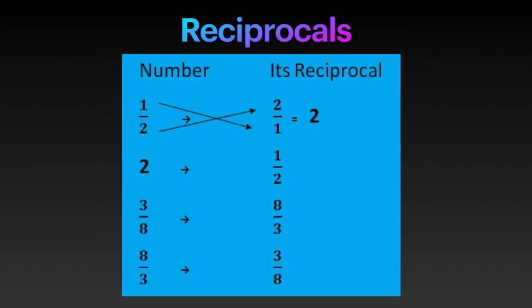Our next example is 3/8. When we turn it upside down, we get 8/3. That means the reciprocal of 3/8 is 8/3. Now let's search for the reciprocal of 8/3. We turn it upside down and get 3/8. Now you understand how we find reciprocals.